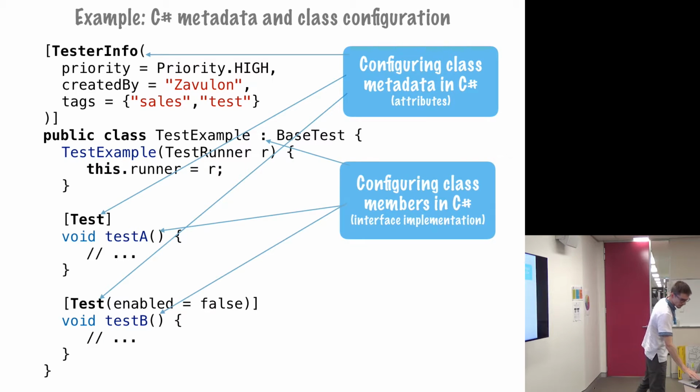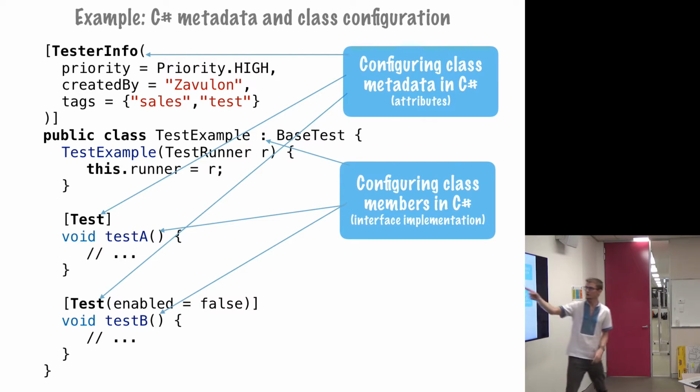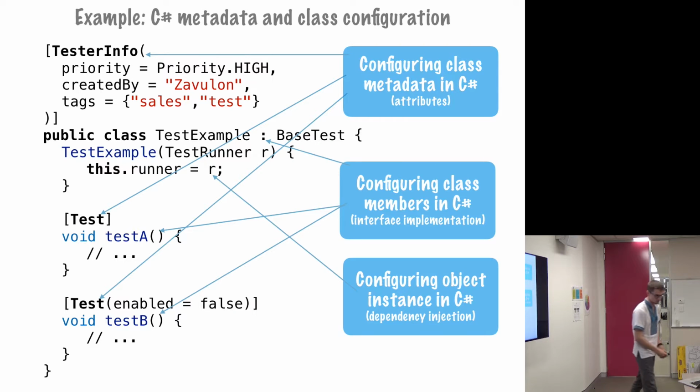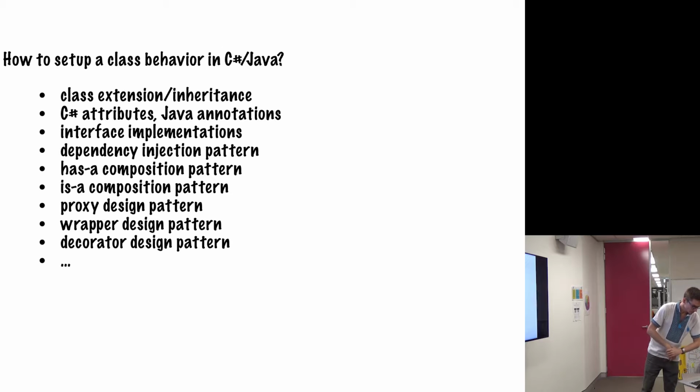Then we are configuring the class members using both inheritance and declaring 2 more methods. So this is how we set up the members. Then we are configuring the object instance with simple dependency injection over the constructor. And other, well, doesn't matter. So, how do we set up class behavior in C# or Java?